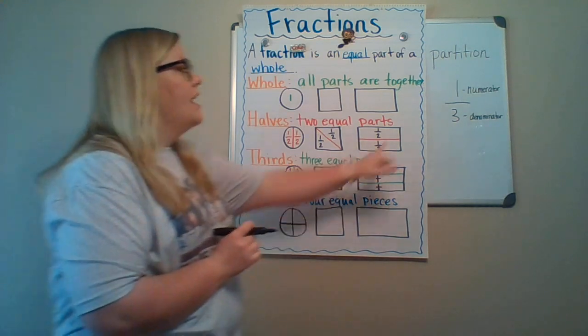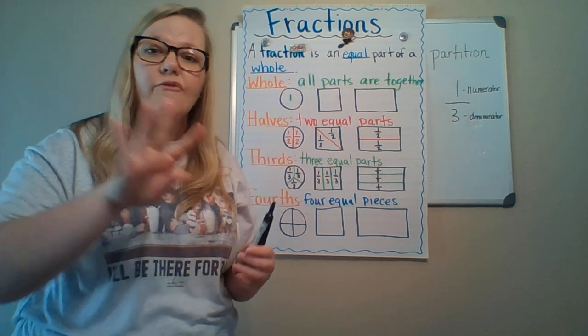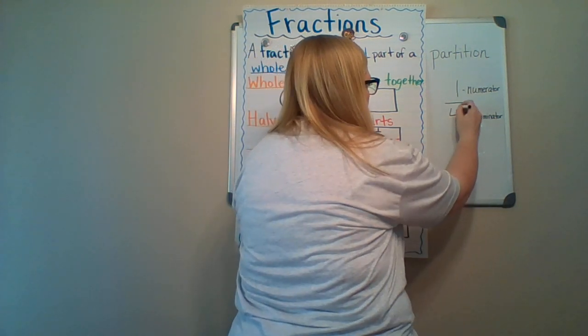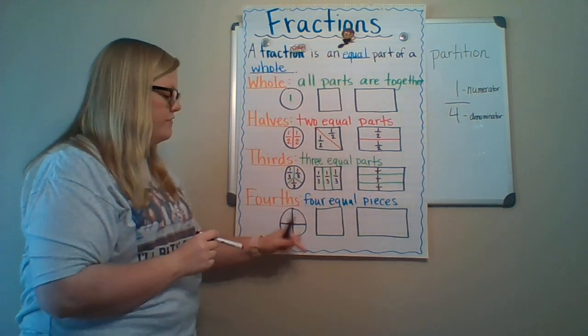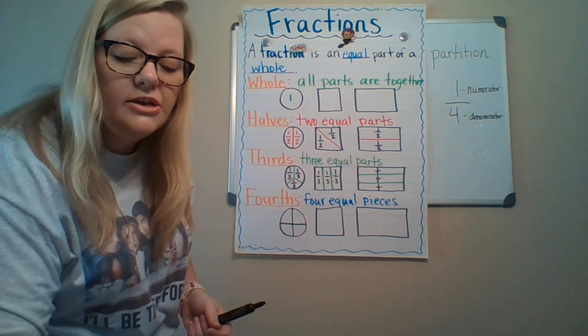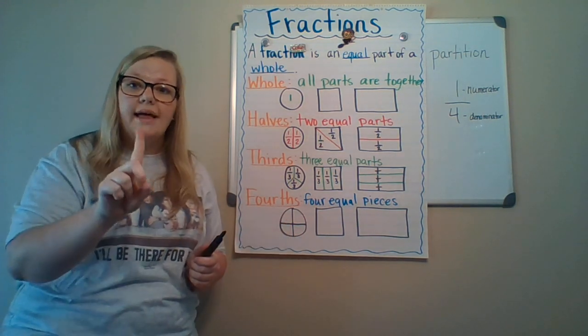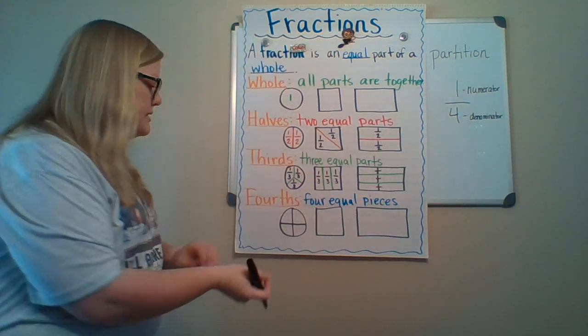So now I don't have 3 pieces anymore for my denominator, I have 4. There are 4 equal pieces. 1, 2, 3, 4. So each piece would be 1/4. 1 out of 4 pieces.